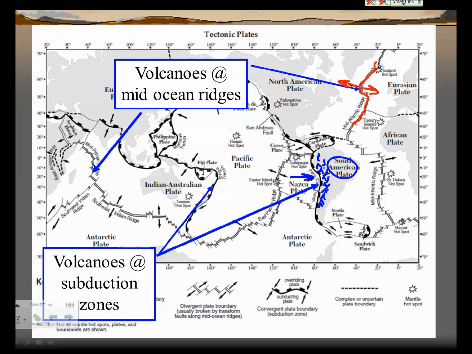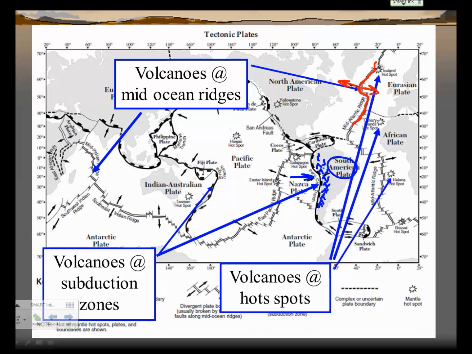That brand new rock is coming up in the form of volcanoes at the bottom of the seafloor. If you look, there's a lot of mid-ocean ridges around the planet, so a lot of this volcanic action is actually underwater. There's probably just as many volcanoes underwater as there are on the surface of the Earth. Maybe more.